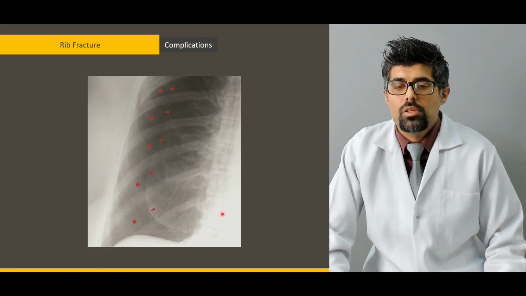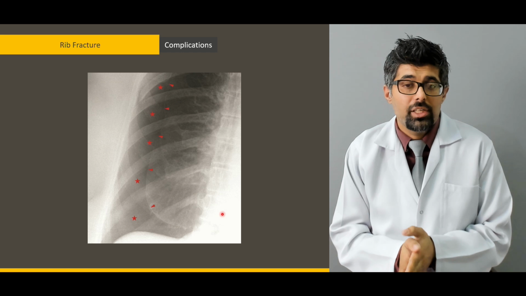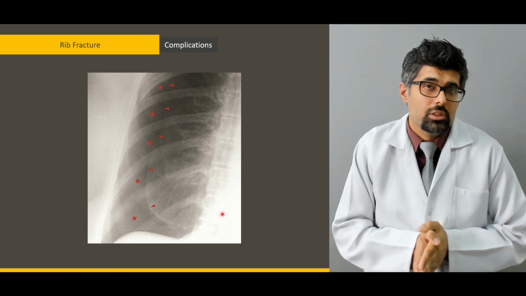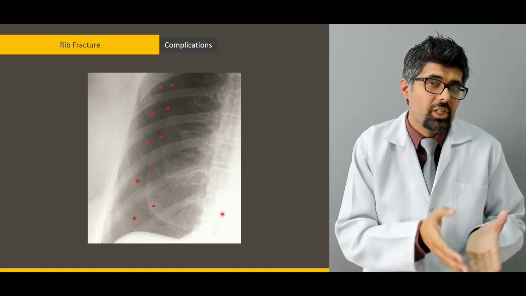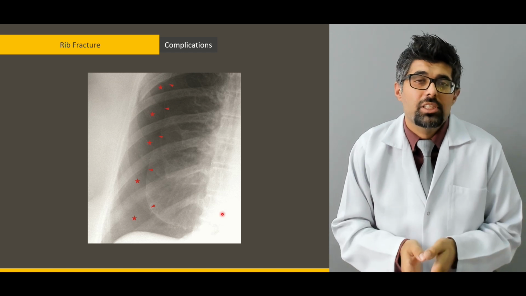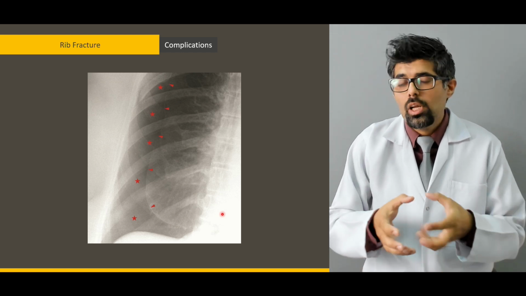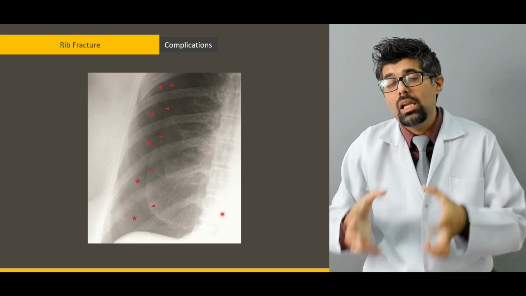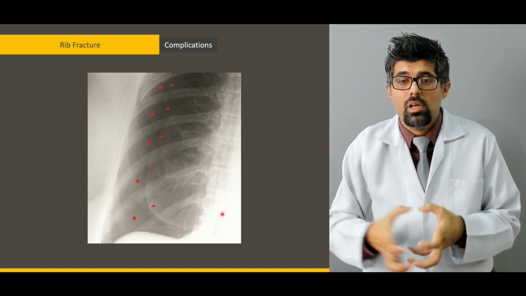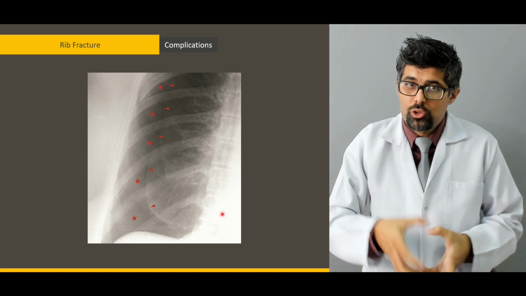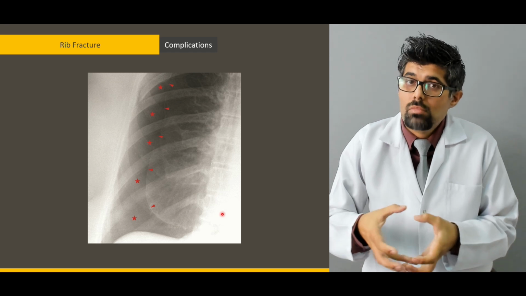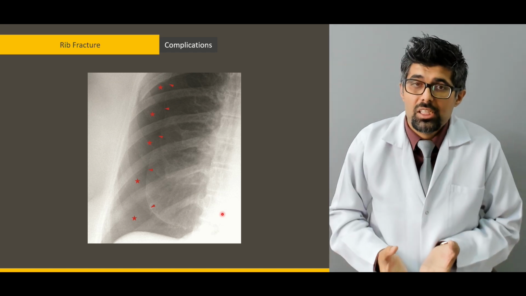Next complication, as I explained, is the pneumothorax, or the presence of air in the thoracic cavity. Now, whenever pneumothorax happens, the lung collapses. It shrinks and increases its density.